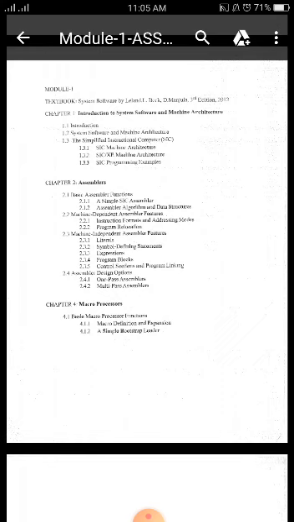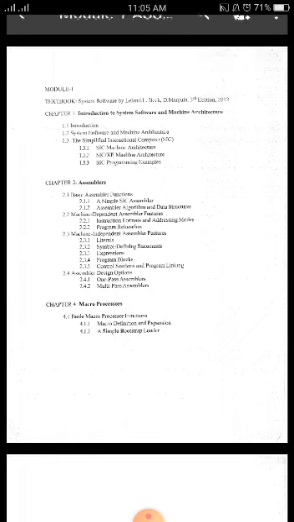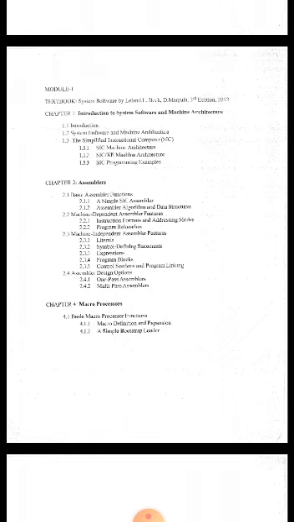Once I give my program, it will do the pre-processing, then go to the compiler where your high level language will be converted to assembly level language. That assembly level language is given as input to the assembler, and the output of the assembler will be your object code. That's what you are going to learn in this module, and it also includes the macro processor, which is very simple, that is only 4.1 in your syllabus.